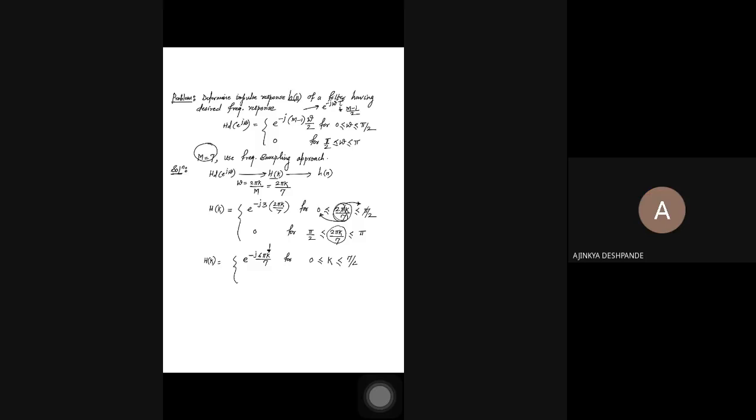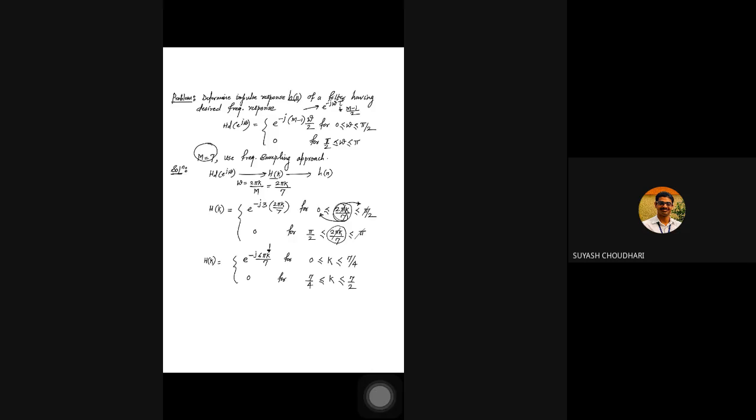Yes, sir. Then 0 for, now you tell me the left limit. 7 by 4 less than or equal to k, and for the right limit, this pi and this pi get cancelled, so it is 7 by 2.